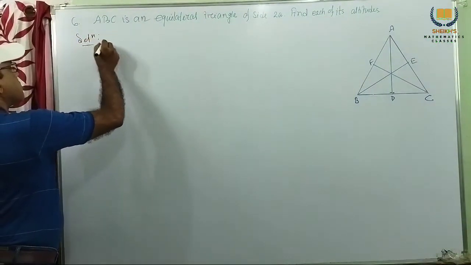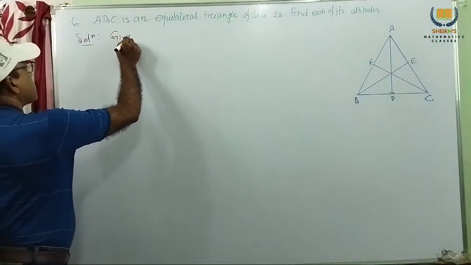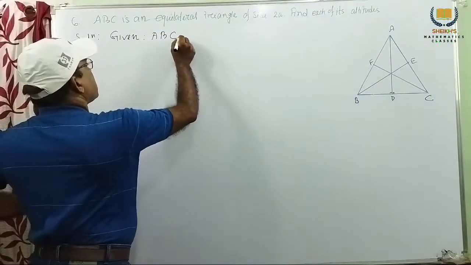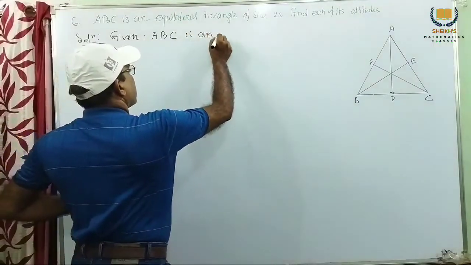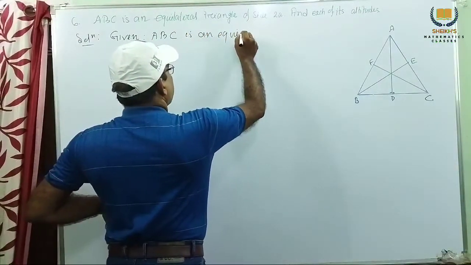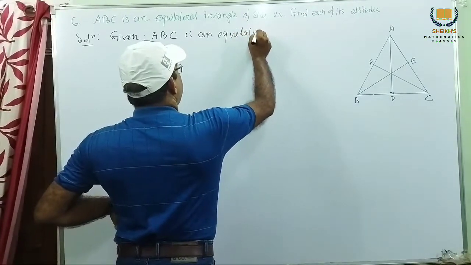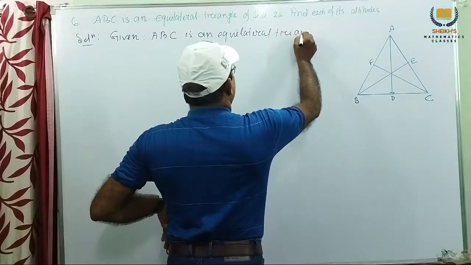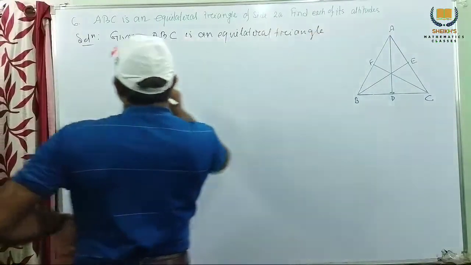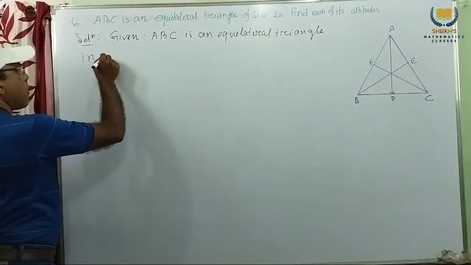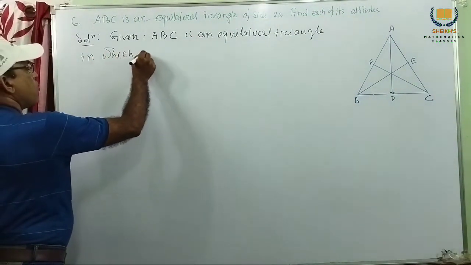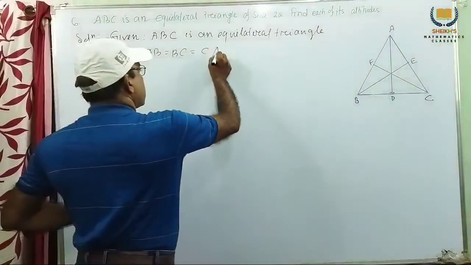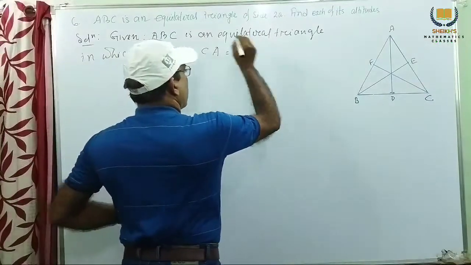Solution. Given: ABC is an equilateral triangle in which AB equal to BC equal to CA equal to 2a.